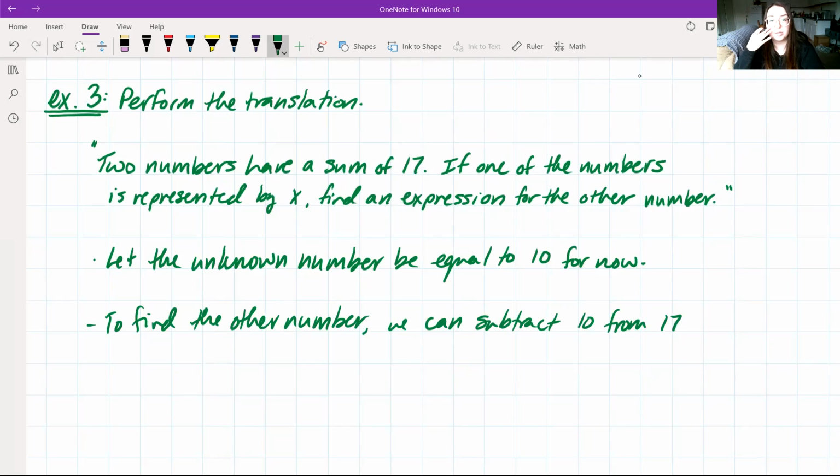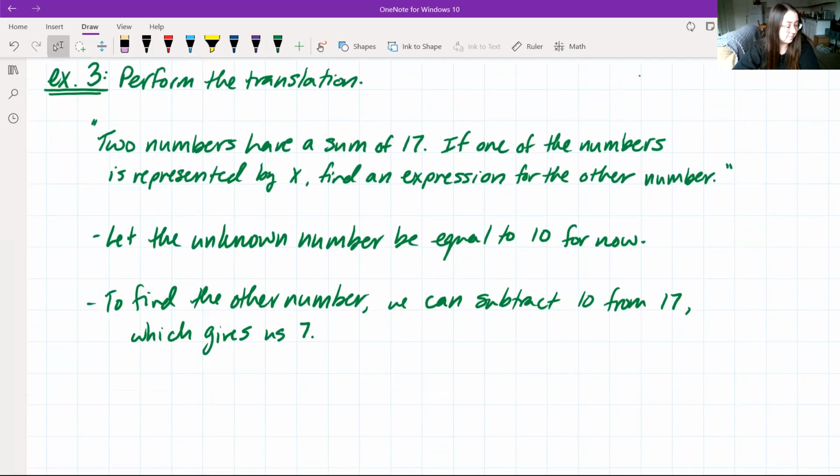So whatever number we chose to represent our unknown, we can subtract that from our given sum, which then gives us 7. The actual value isn't incredibly important, but if you would like to know it, you can by all means calculate it.